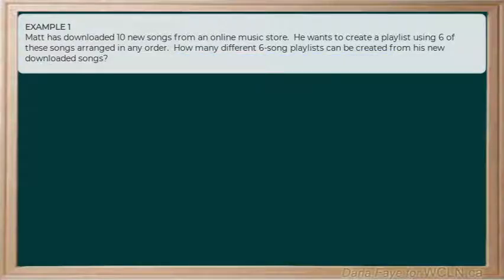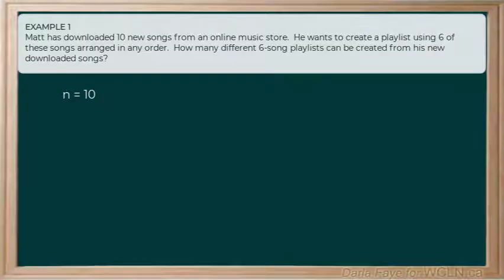In this question, we're asked to order or make a playlist of 6 songs out of an available 10 possible songs. So our n value will be equal to 10, and our value for r will be equal to 6. 10 is the total number of possible songs, and 6 is the number that we're selecting.